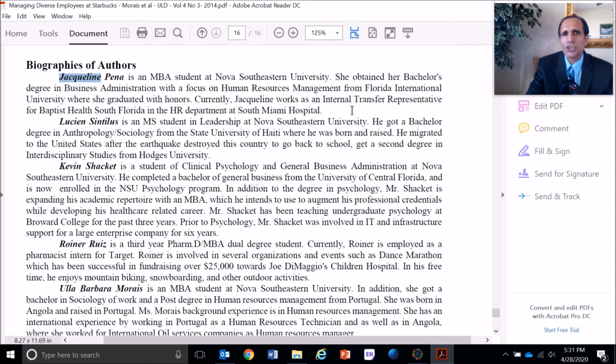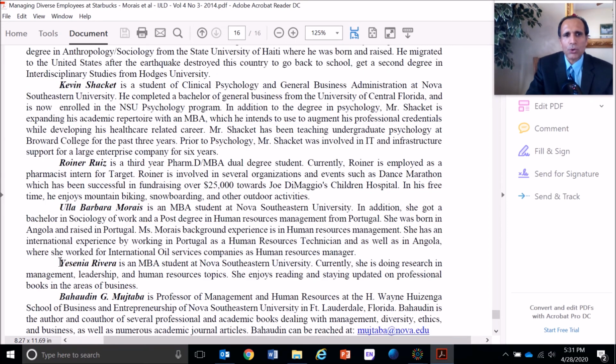In other words, she encouraged everybody else to publish this material or put it together, or she did most of the work. But chances are all authors are going to be equal contributors, and sometimes you can list authors alphabetically. But usually the author that came up with the idea or does most of the work, she or he should be listed first, followed by others in the same order.